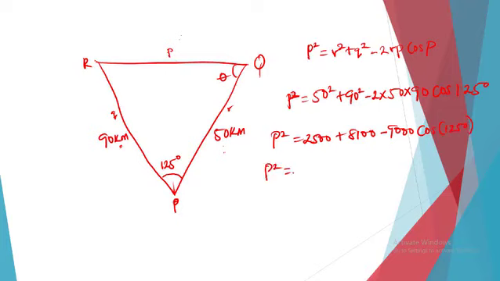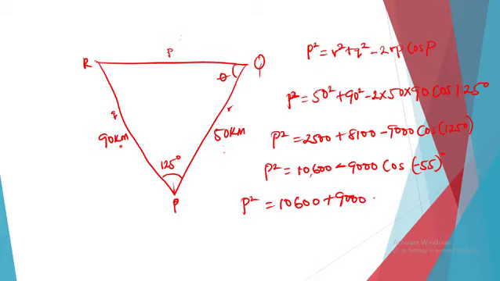P squared equals this plus this, which gives 10,600, minus 9,000, and remember cos 125 is the same thing as minus cos 55 degrees, right? And therefore P squared equals 10,600 minus 9,000 times minus cos 55, which gives plus 9,000 cos 55 degrees.